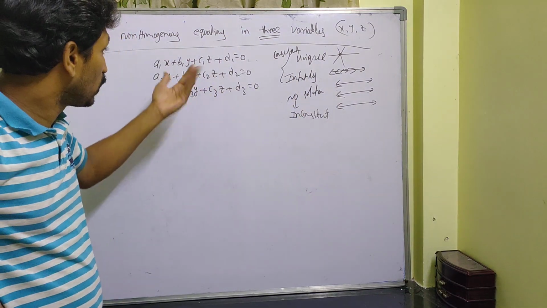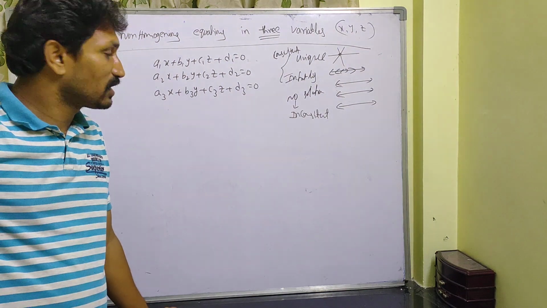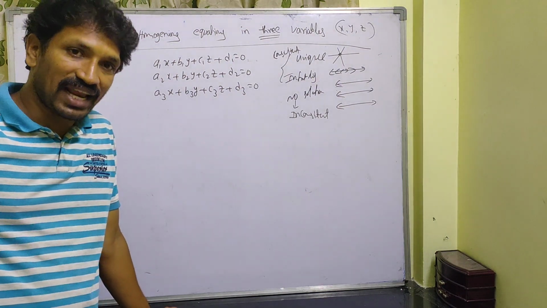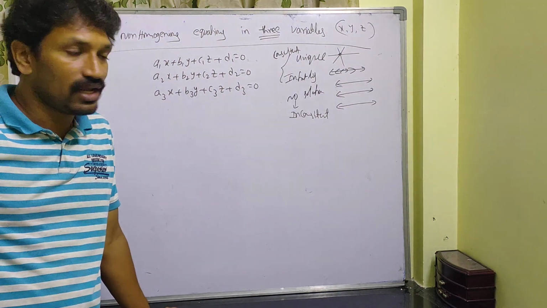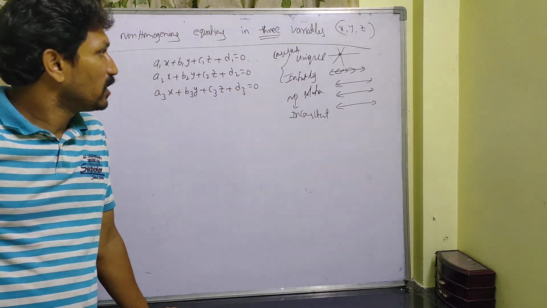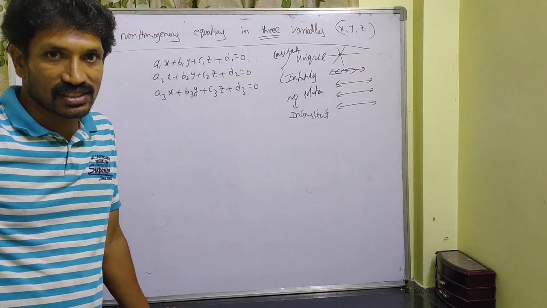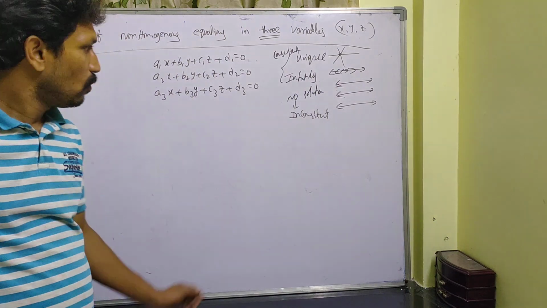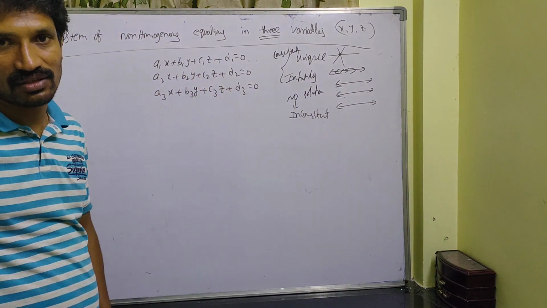But for three variables, in the matrix method, we can decide consistency using rank. Many methods are there, and one of them is the rank method.